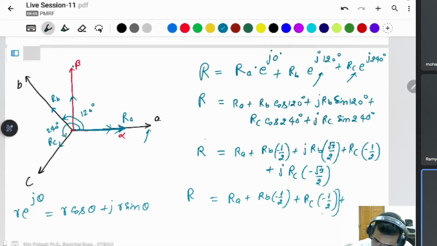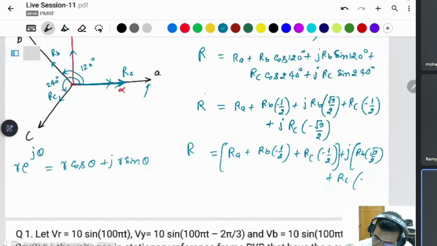This is the real part, plus j RB into root 3 by 2 plus RC minus root 3 by 2.